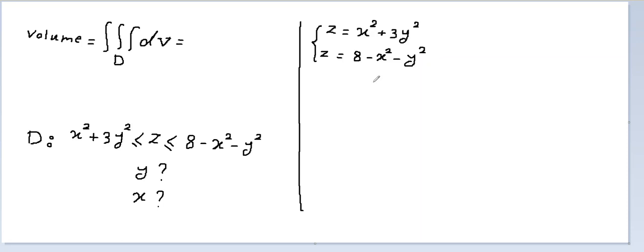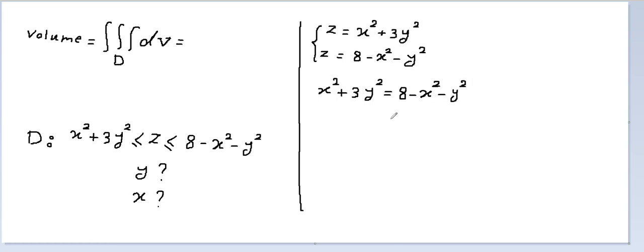So we put the equations of these two equal to each other. So we have x squared plus 3y squared equals 8 minus x squared minus y squared.